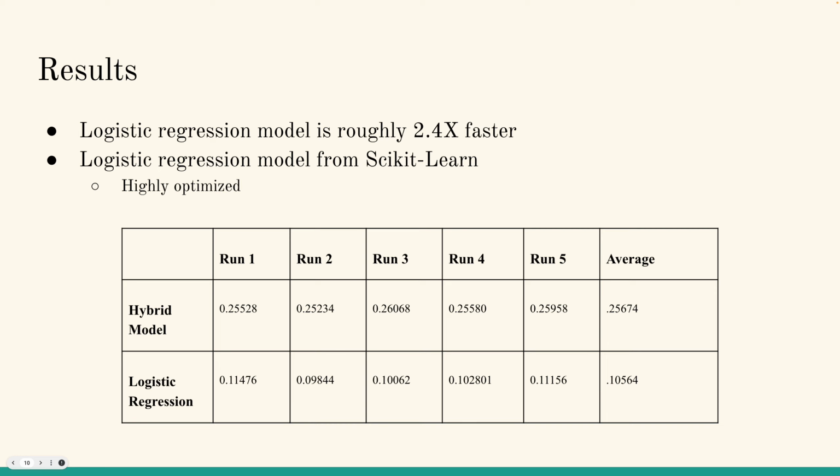So we would expect some performance improvements just by simply optimizing the code. However, even with that, it's still likely that the hybrid model is going to take an additional hit in runtime, and that logistic regression would be even faster than the currently acknowledged 2.4 speed difference. The reason for this is that as the network complexity increases, we have to calculate separate gradients for each of the combinations.